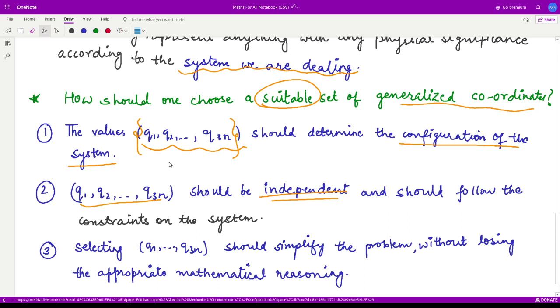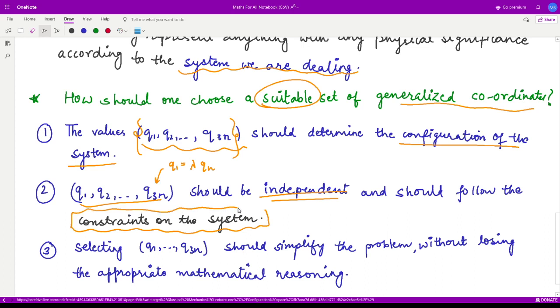What we are saying is, say, q1 should not be a multiple of, say, lambda times qn or something, because otherwise this set could be reduced to a smaller number of coordinates. And moreover, it should follow the constraints on the system.